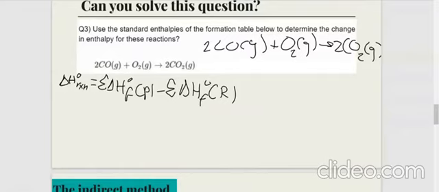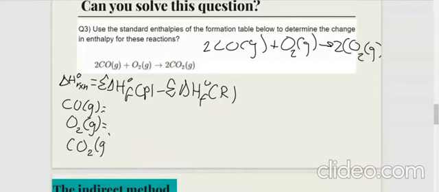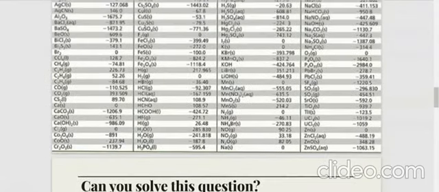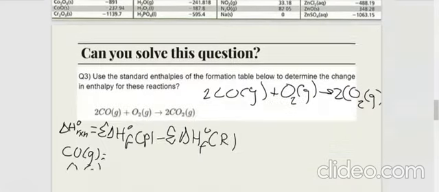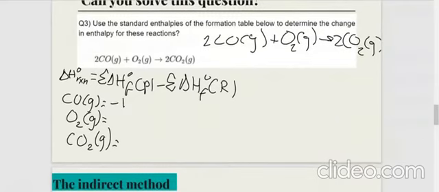Let's write the standard enthalpy of formation for all of the reactants and products. For CO gas and O2 gas and CO2 gas. Okay, for CO gas, it is negative 110.525 kilojoules.